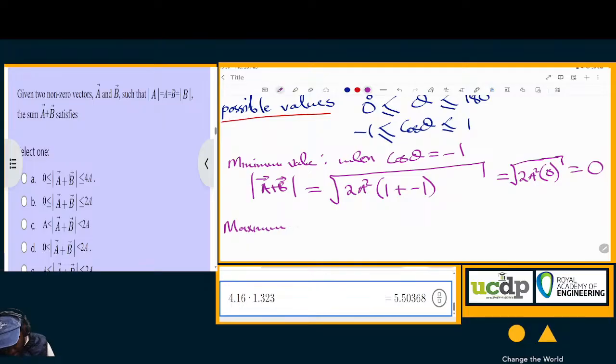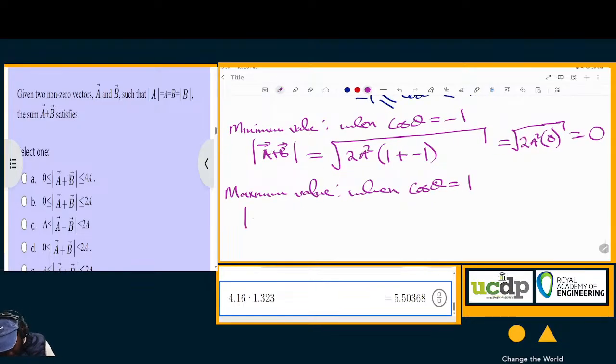Then let's find the maximum possible value. When cos theta is equal to 1, what will be the maximum value of A plus B?